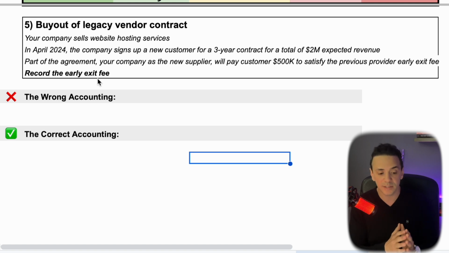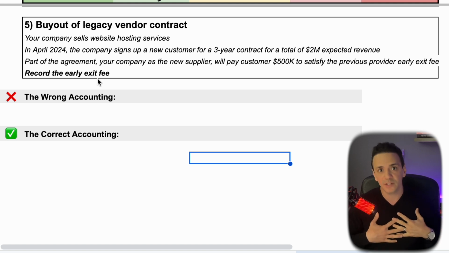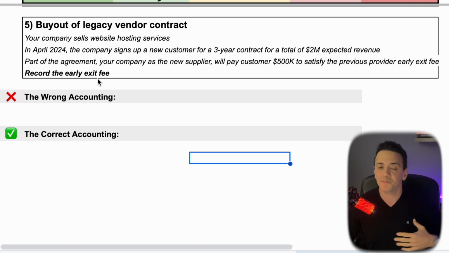So what we're saying here is that our company, becoming the supplier of a new customer, is having to pay that customer for the early exit fee of their previous supplier, right? So their previous supplier wants to charge them, or by the contract has to charge them, $500,000 to exit the contract early. And we're saying, for us to become your new supplier, to be nice, we'll go ahead and pay the $500,000 for you.